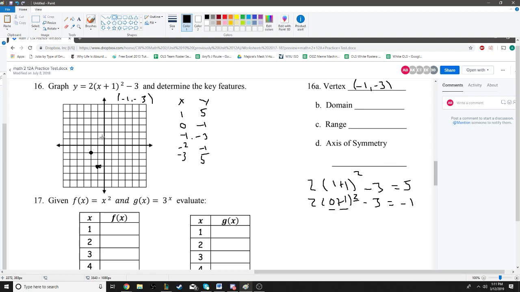And you also got -2, -1. And 1, 5. Okay, and then just connect them all.